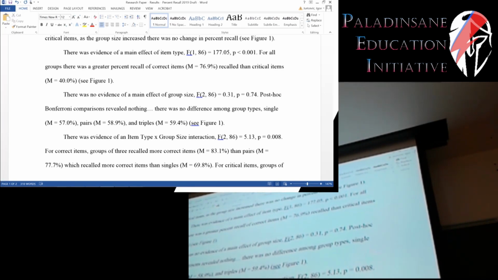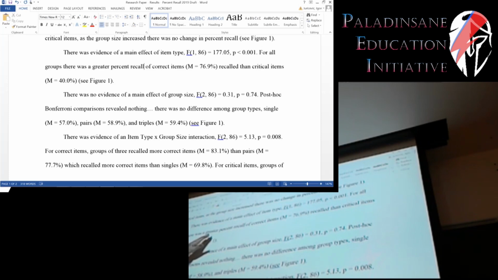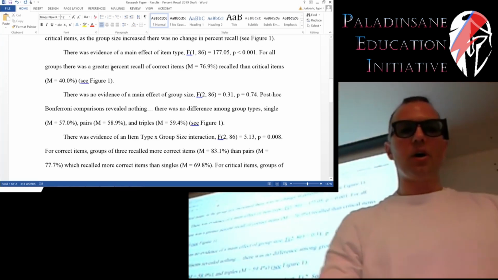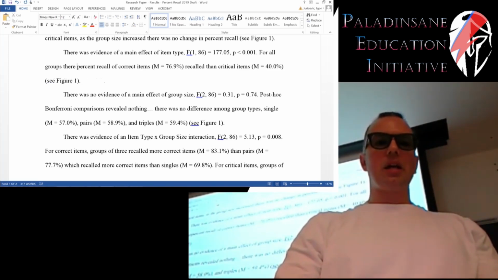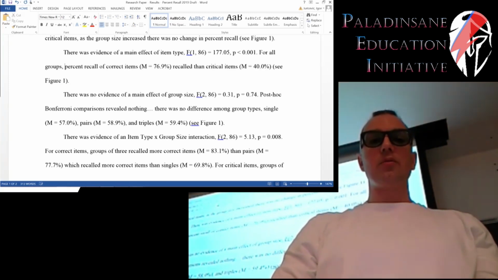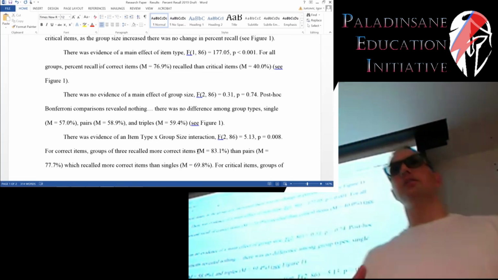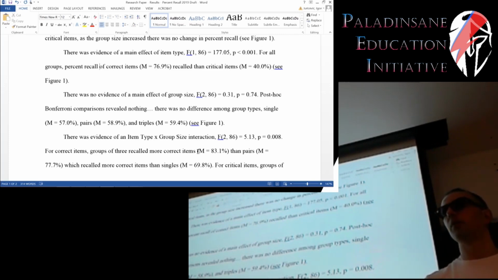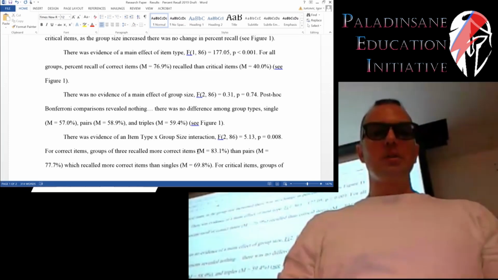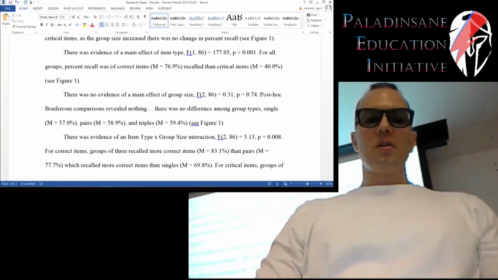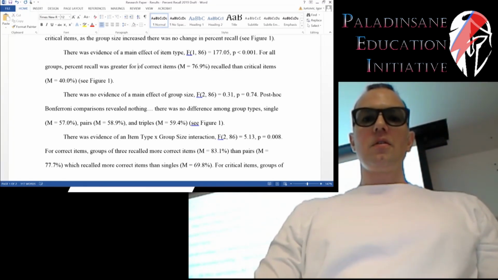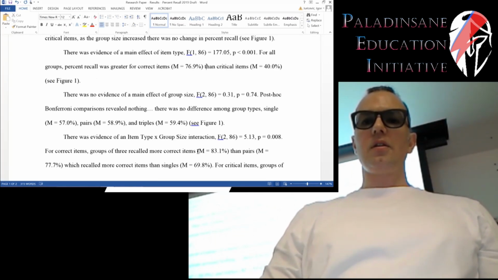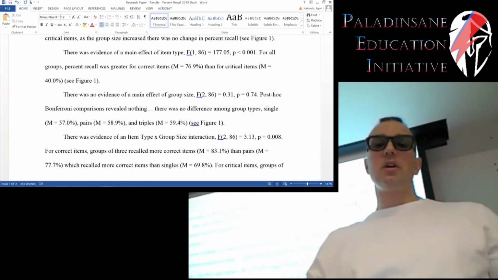So rather than, for all groups, there was a greater percent recall, we could just cut out that there was a greater and say something like, for all groups, percent recall was greater for correct items than for critical items.